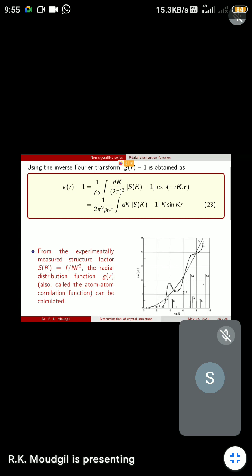So it means in the non-crystalline solid, you do not get Bragg lines. In a crystalline solid, at certain directions of scattering the scattered X-ray intensity is maximum, but in a non-crystalline solid you get only one or two peaks at most, and those peaks are not sharply defined, they are broad peaks.